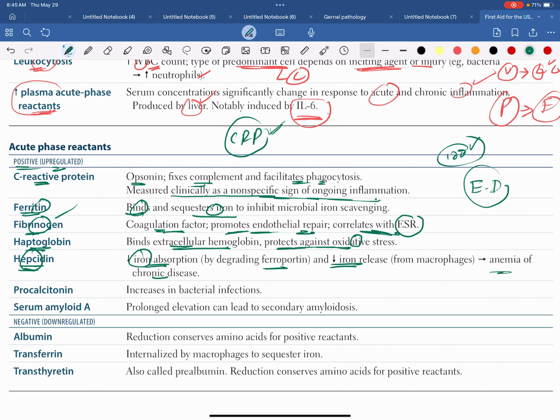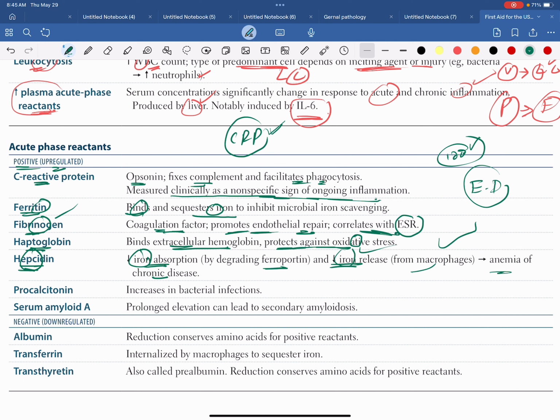So if there is no iron in your body, then there is a disruption of hemoglobin synthesis that can lead to anemia. But that anemia is produced from inflammation. That is called anemia of chronic disease. Then after that, the hepcidin is also going to decrease the iron release from the macrophages. So these are the important mechanisms which can lead to anemia of chronic disease.